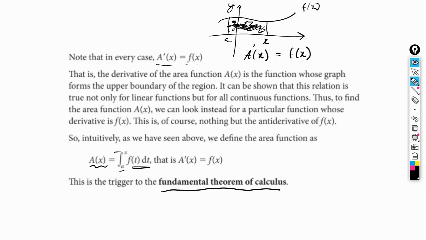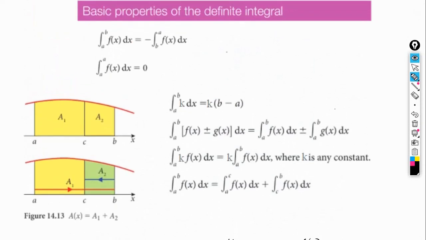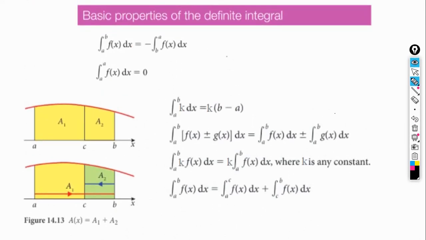So that means that the integral from here to here would give us this area. But if we do the derivative of that, we're going to get the original function. So basically what this is saying is that the derivative and the antiderivative or integral are the inverses of each other.